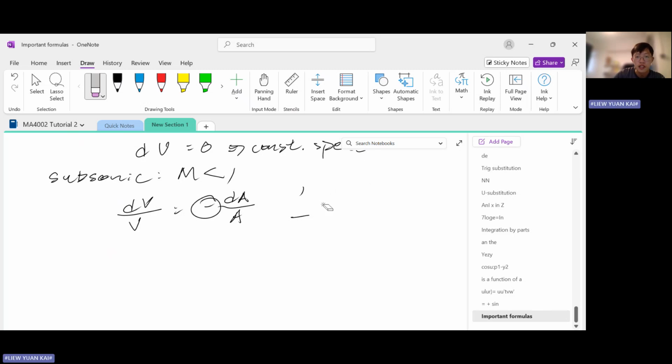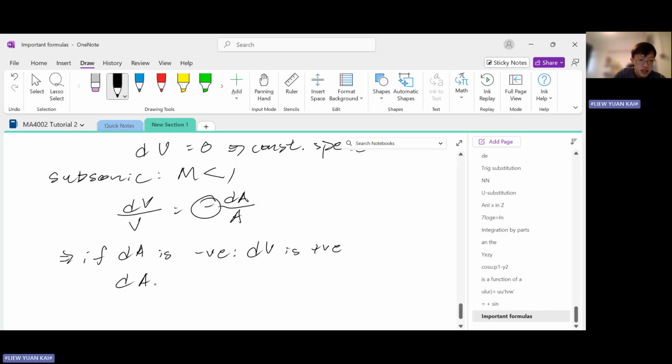Okay, so we don't really need to care about this because this is positive, right? Now, what does this mean? I'm gonna write this down. Okay, so if dA is negative, dV is positive. If dA is positive, dV is negative.